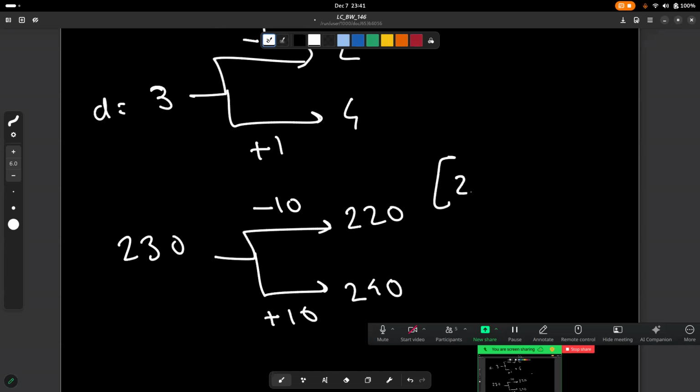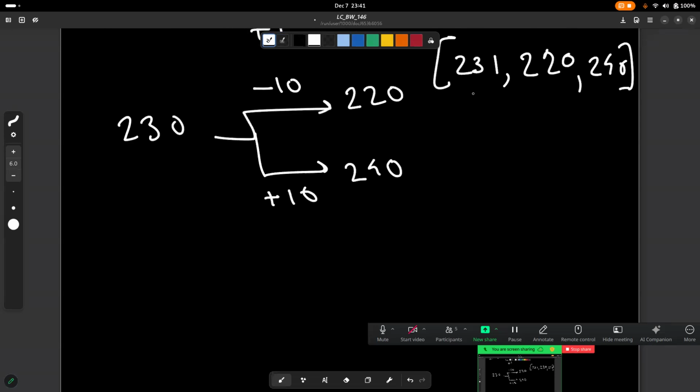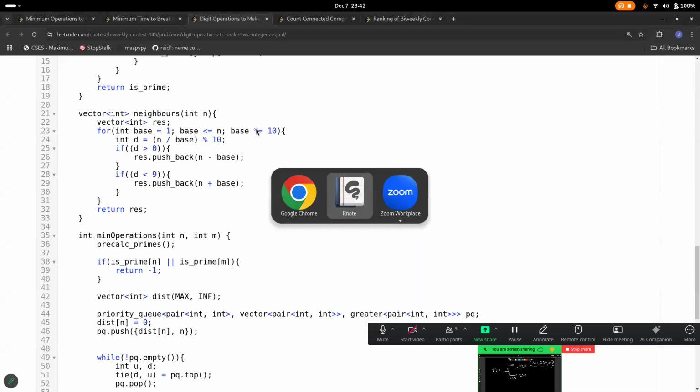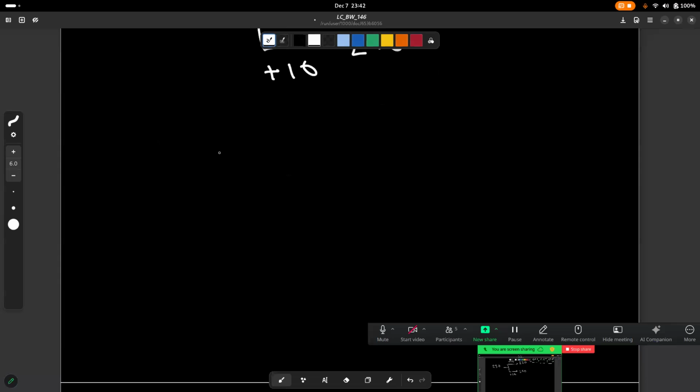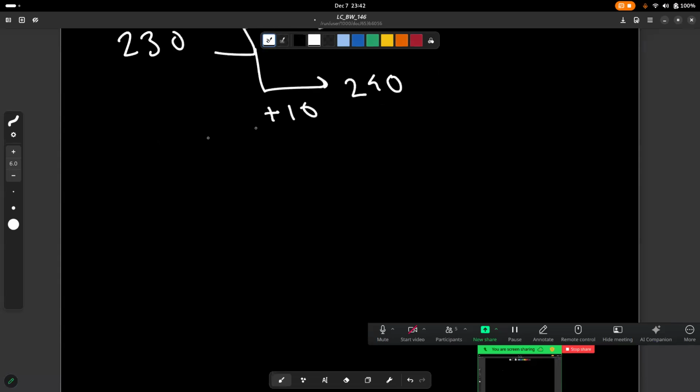Our overall array will be 231 from the previous iteration, 220 and 240. Over here we are not checking anything, but in the lower part in the Dijkstra algorithm, we'll be checking if any of them are prime numbers.